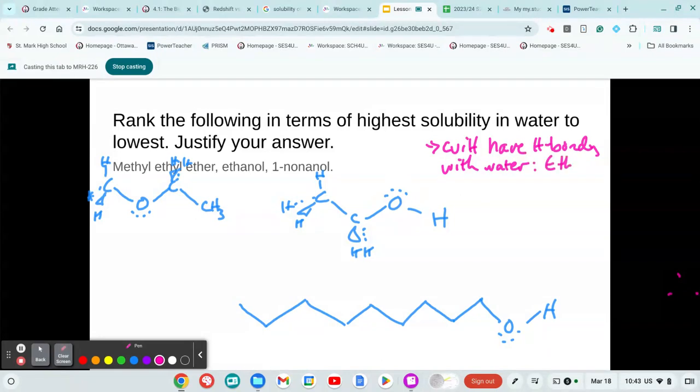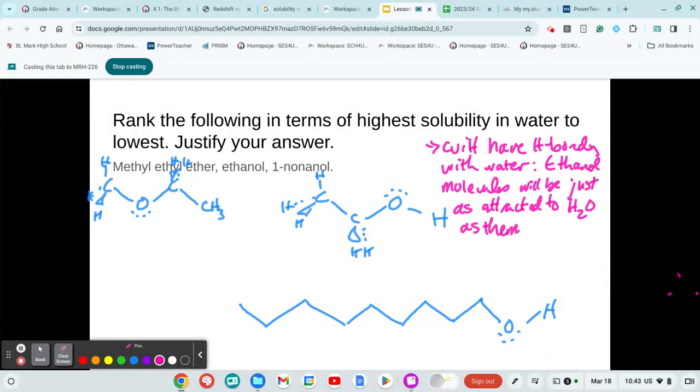Ethanol molecules will be just as attracted to H2O as themselves. So the water molecules will get in there, surround the ethanol molecules, and that will dissolve very, very well in water. So that one's going to have the highest.